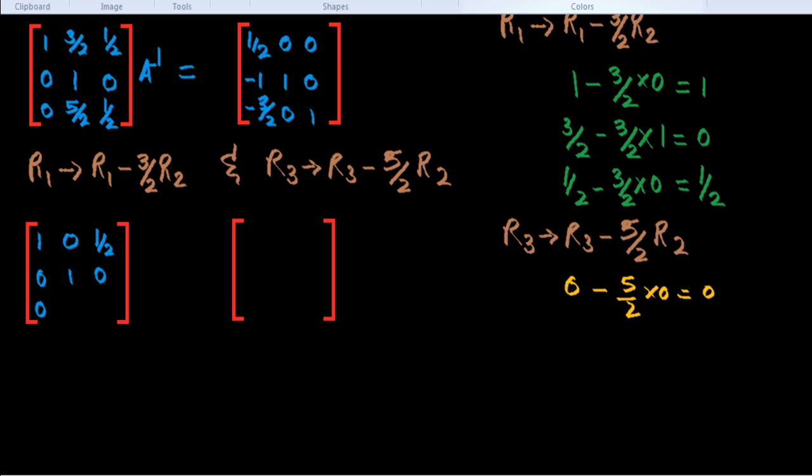Here you see R3 is 5 by 2 minus 5 by 2 and R2 is 1.